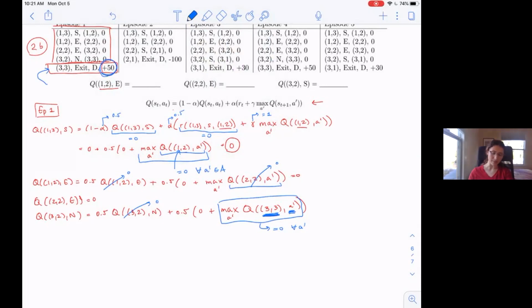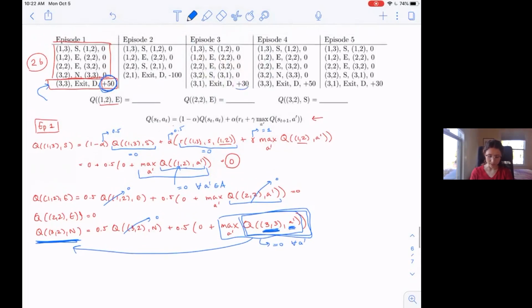So what that means is that when we return back to updating Q of 3, 2, which relies on Q of 3, 3, eventually when Q of 3, 3 gets updated to some non-zero number, it's going to propagate that value to Q of 3, 2. And that's how you're going to start seeing these terminal values that we're seeing here.